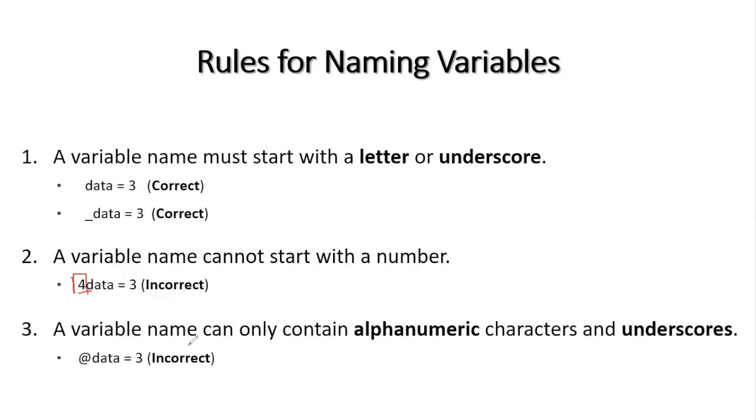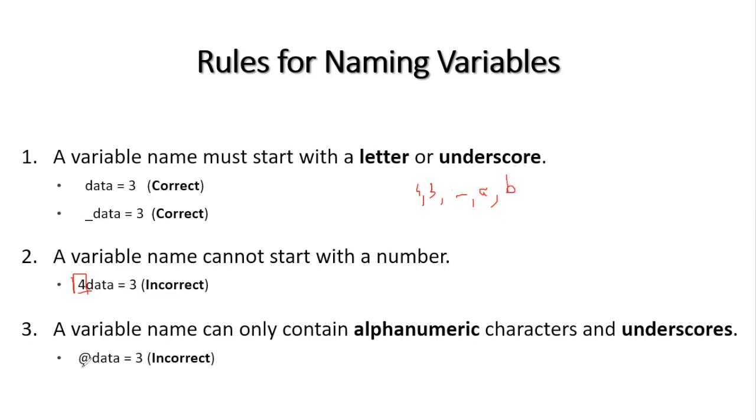The third and most important point is that no variable can contain any characters other than alphanumeric characters. It can contain either a number or an alphabet, nothing else, except an underscore. Underscore is something that a variable can use. Other than that, any numbers or any string or alphabet, whatever you want to call it, nothing else.